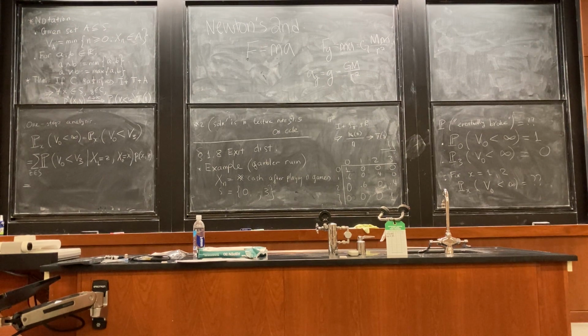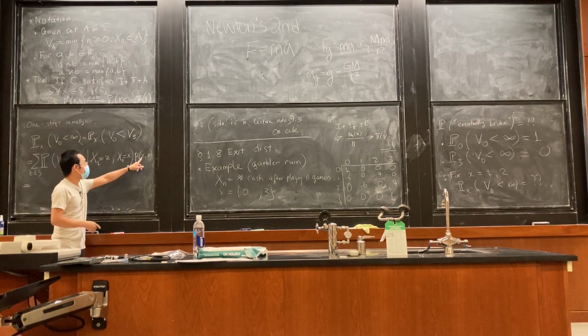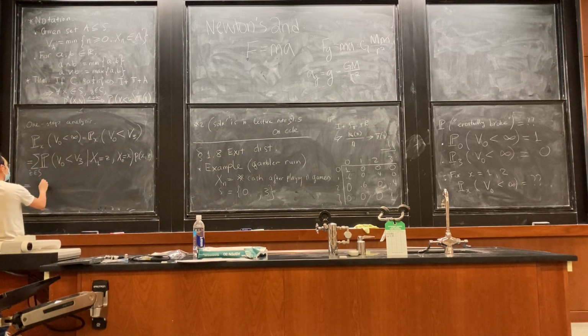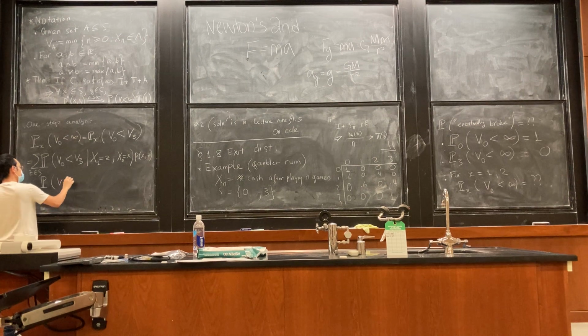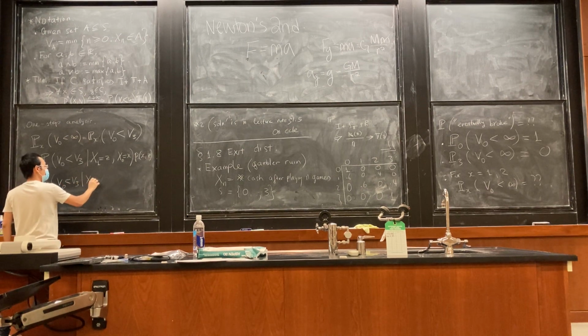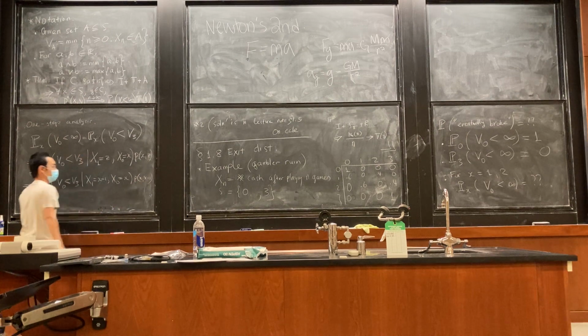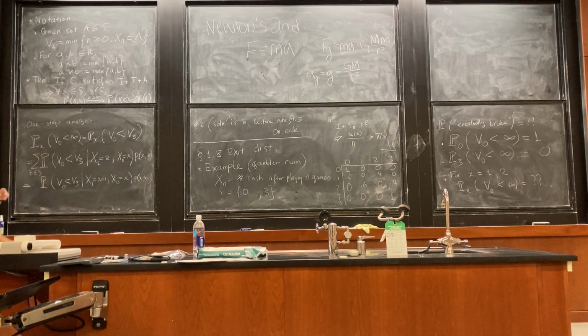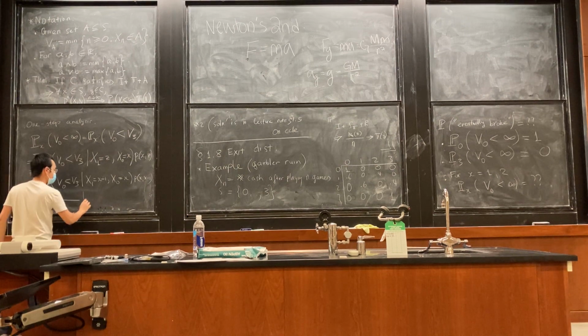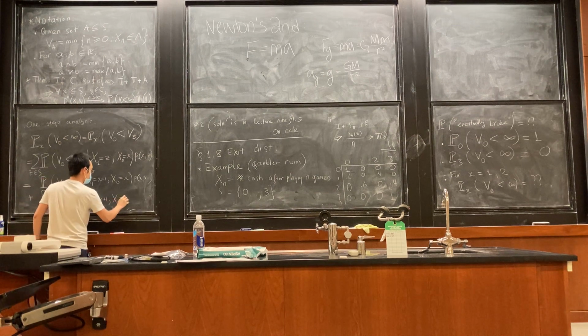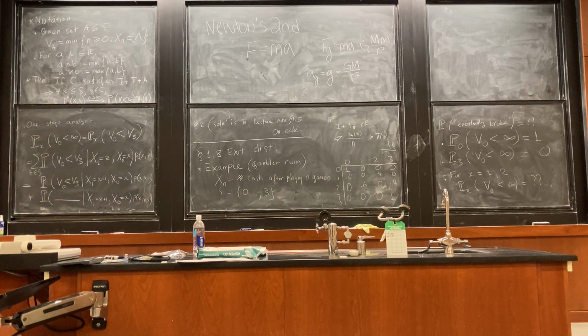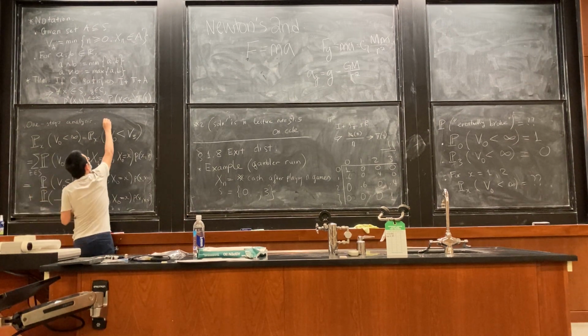From x, I can only go down or up. So that's the same as V0 less than V3, given X1 is x minus 1, X0 is x, times P x, x minus 1, or X1 is x plus 1, X0 is x, times P x, x plus 1. Only two possible jumps.